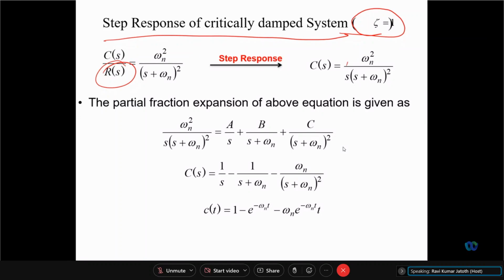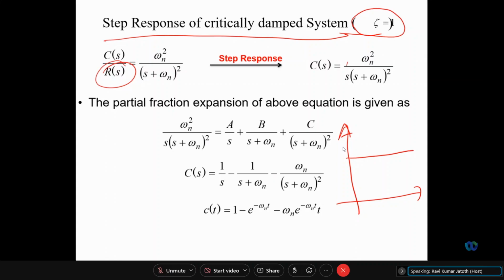Do you have any oscillatory terms here? No, sir. So it is exponentially increasing or exponentially decreasing. That means, you excited a system with a unit step. Correct, no?